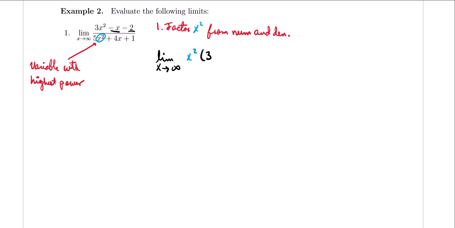Since we factored out an x squared, I rewrite the original x squared minus x, and the trick is to divide by what you're factoring to determine what's left over. Perfect. So in the numerator, we get x squared times 3 minus 1 over x minus 2 over x squared, because yes, we can simplify. That's what's left over in the numerator.